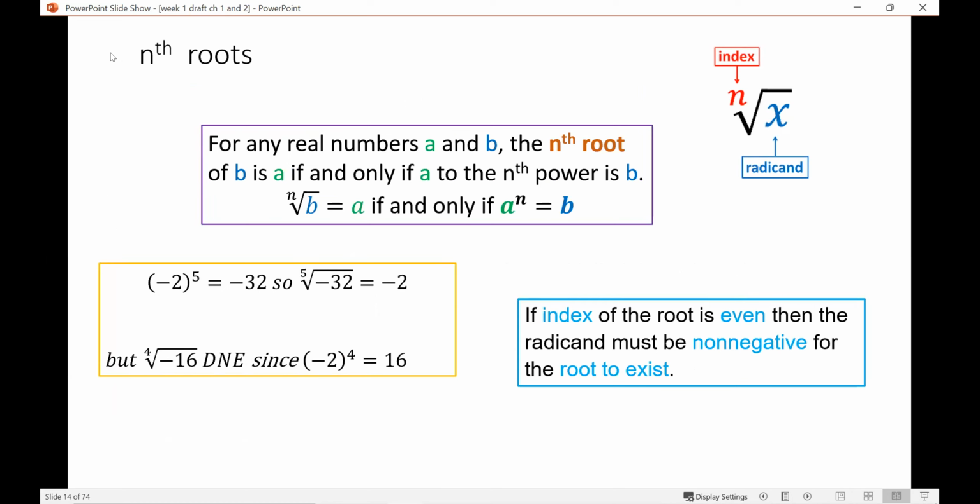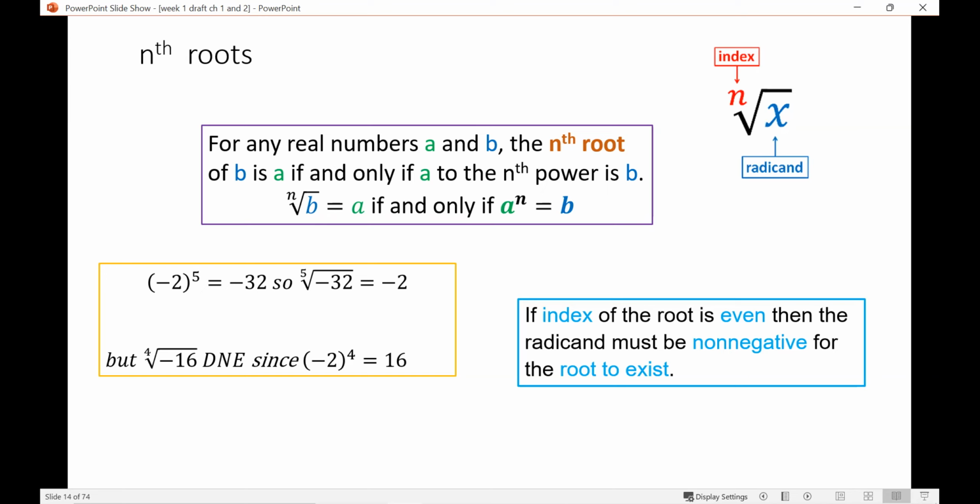Now we can talk about nth roots. So nth roots, I mean a 4th root, a 5th root, basically any positive integer we can use as an index in our roots. So the definition of nth roots is for any real numbers a and b, the nth root of b is a, if and only if a to the nth power is also b.